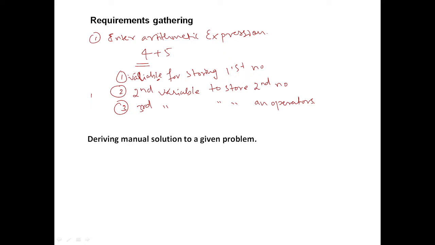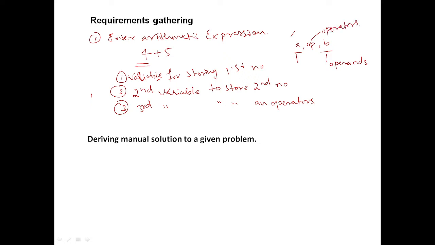You can take any variable name, but it should satisfy the rules of variable declaration, right? So let us consider the variables a, op, and b. Here A and B are what? Operands, right? And op is the operator.